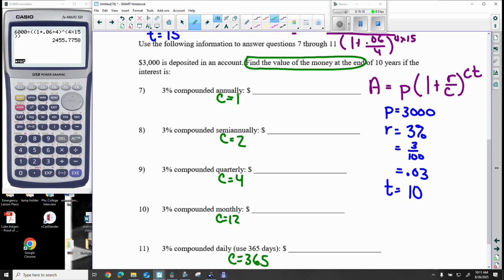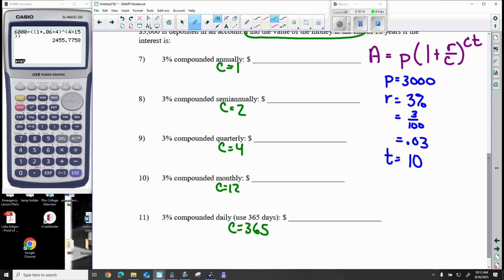So all of them are in essence the same formula, I'm just changing the letter C to 1, 2, 4, 12, and 365. Let's set it up for number 7: P(1 plus R divided by C) to the C times T.